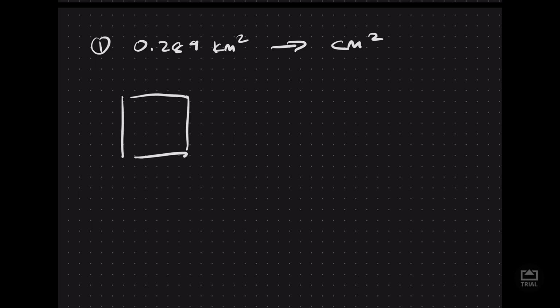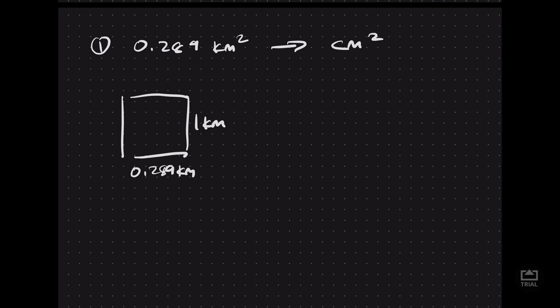So if I was to lay this out using the dimensions that are given, for this area, you can see that we have 0.289 kilometers here, and we would have 1 kilometer right there. And when I multiply the two together, we're going to get that answer. So I can just make one of the lengths the actual area and just make everything else into one.